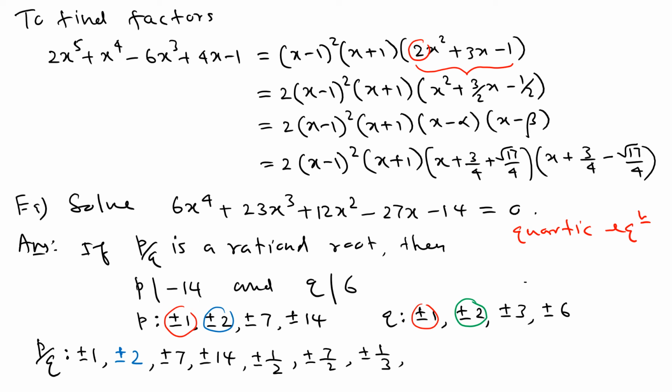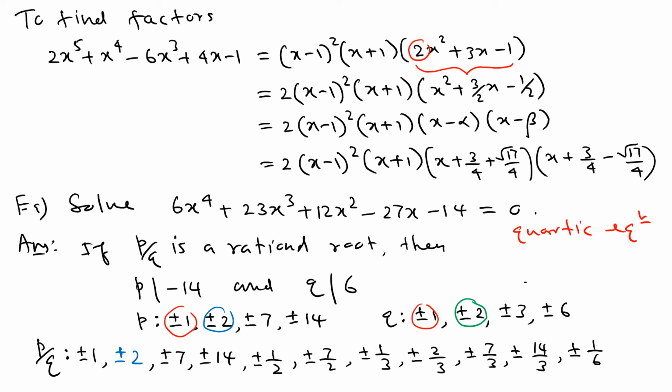And then plus or minus 2/3. And then plus or minus 7/3. And then plus or minus 14/3, like that. And then go to the last one. So it's going to give you plus or minus 1/6.